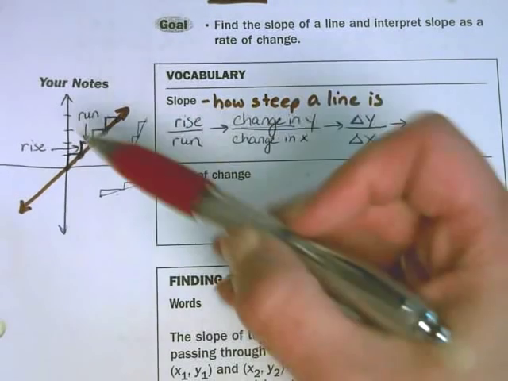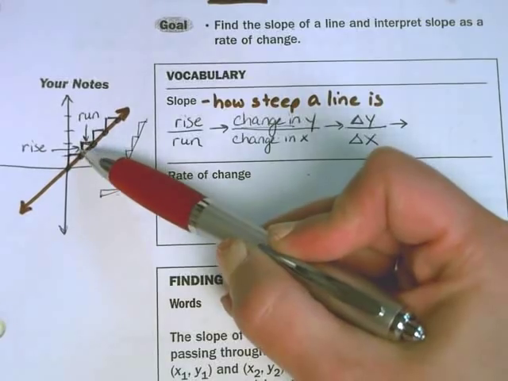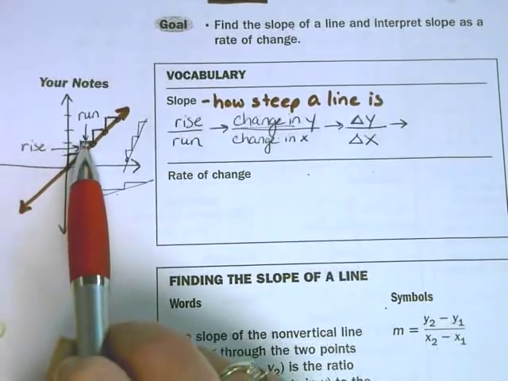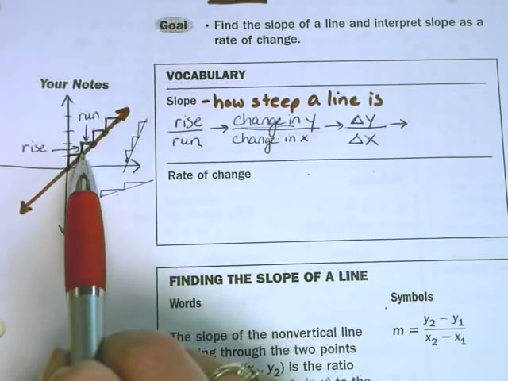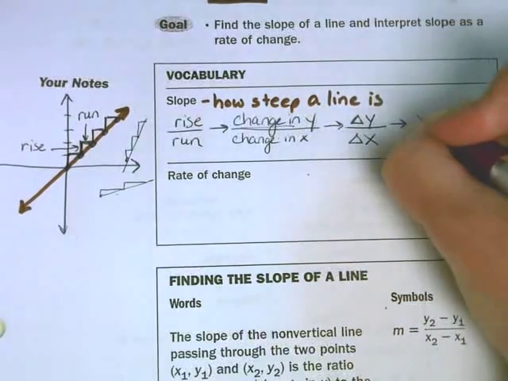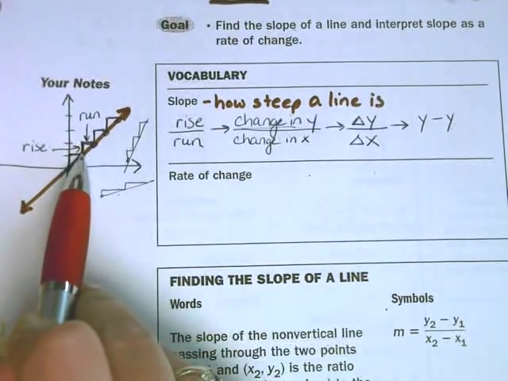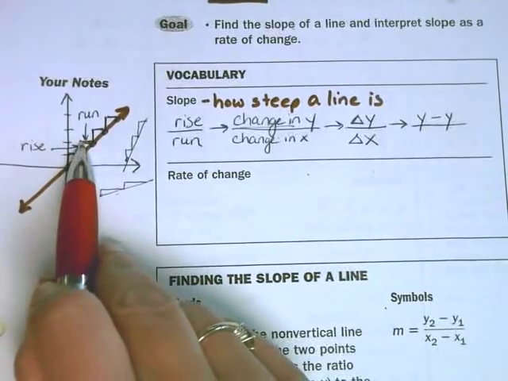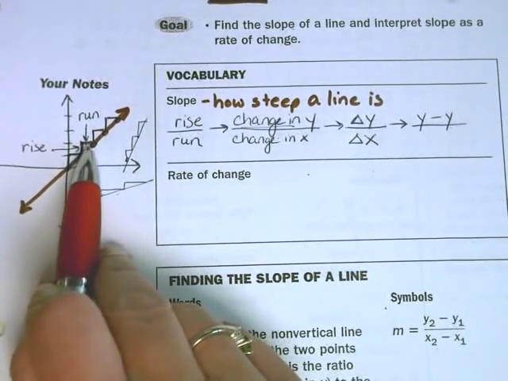So the change in the y's would be 2 minus 1. Our change is 1. So to get that rise, we also can subtract the y values of these two ordered pairs right here. And the way we do that is we would do y minus y, the two y values, this y minus this y. And then on the bottom, to get the x difference here, we would do this x minus this x. What's the difference between those two x's?